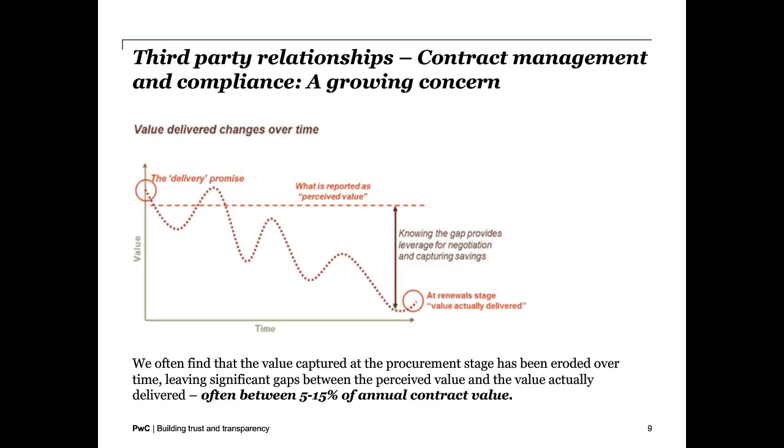M&A activity, right? Since the financial crisis, we've seen an increase in M&A activity. Well, when you acquire a business, you also acquire its contracts. Whether you keep those agreements, terminate them, or consolidate them, no doubt this increases risk.